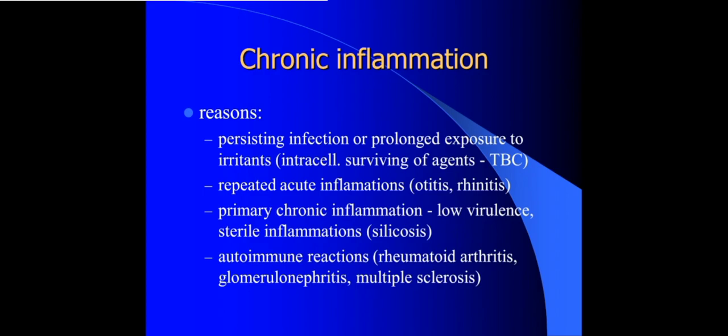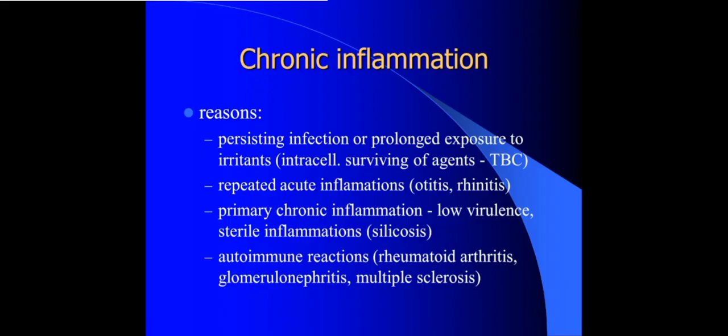Primary chronic inflammation: low virulence, sterile inflammation, and autoimmune reaction, such as rheumatoid arthritis and multiple sclerosis. Autoimmune reaction means our immune cells react to our body. They damage our body, not cure our body.